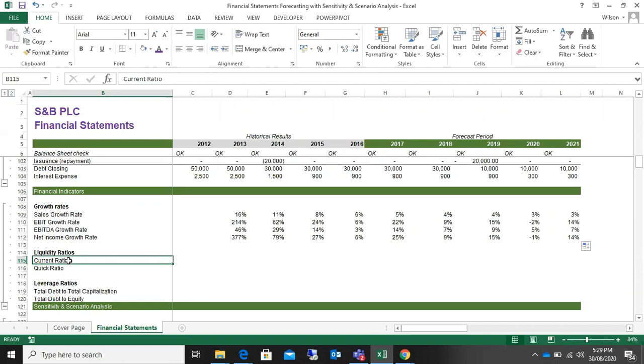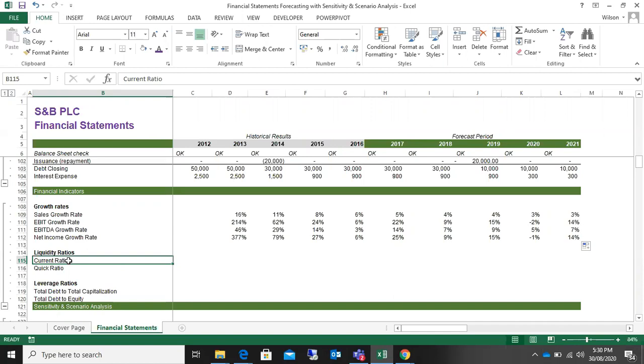The business should be liquid enough in the sense that the current assets that the company has for a period of a year should be able to cover the current liabilities, meaning that within the period of a year, all liabilities or obligations of a company should not be more than what the company can offset within that year based on its current assets.